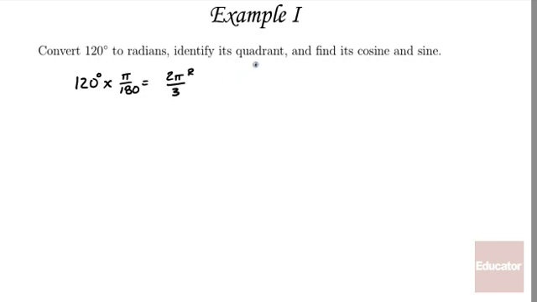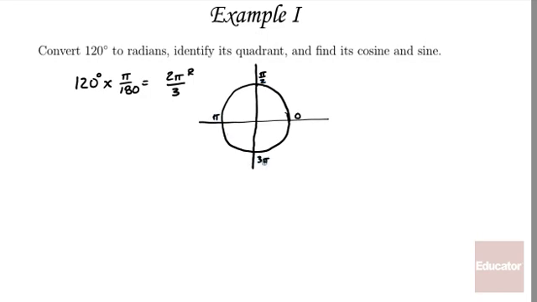Identify its quadrant. Well, let me graph out my unit circle here. There's 0, there's pi over 2, pi, 3 pi over 2, and then 2 pi.